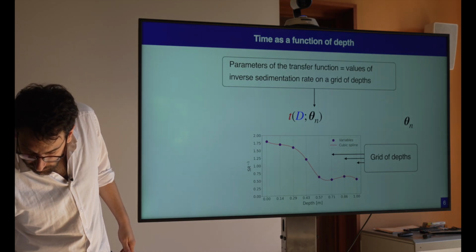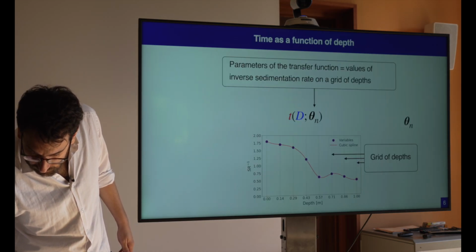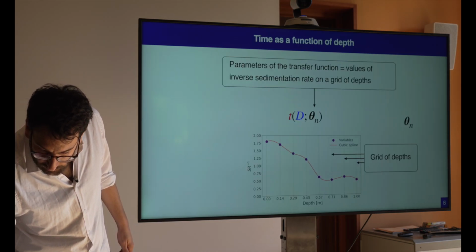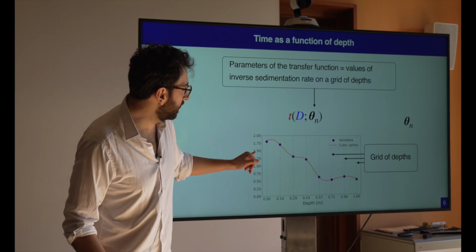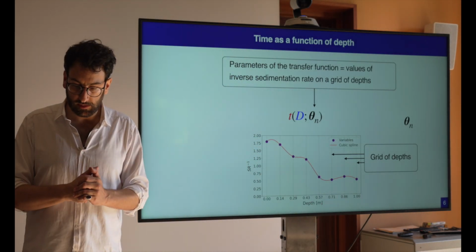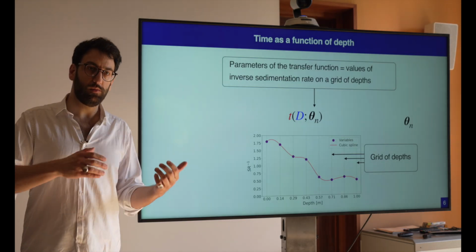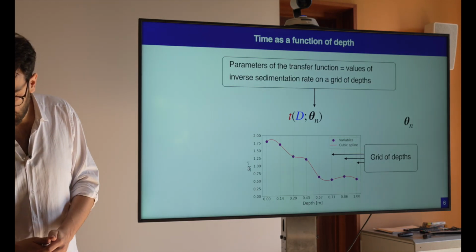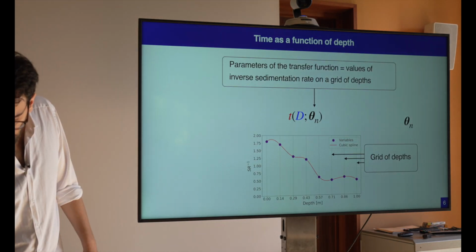And the derivative of T of D is obtained by first interpolating between these points and then integrating to get from the derivative to the time, which is our goal.